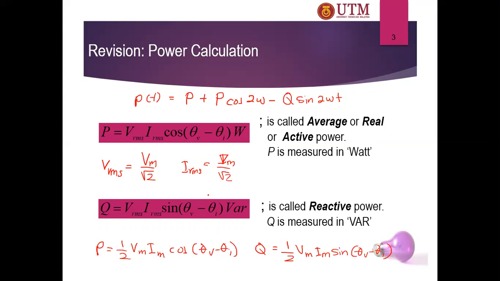Based on this relationship, we can write down our average power in terms of RMS value, such as VRMS IRMS cos(theta V minus theta I), while for the reactive power, it is VRMS IRMS sin(theta V minus theta I).